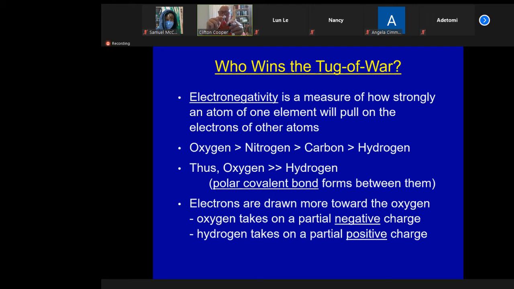It's pulling the electrons away from that hydrogen. The hydrogen ends up having a positive charge. Are you with me on this so far? Yeah. This will be one of the trickiest things to get straight. We'll be using these terms polar, nonpolar a lot.